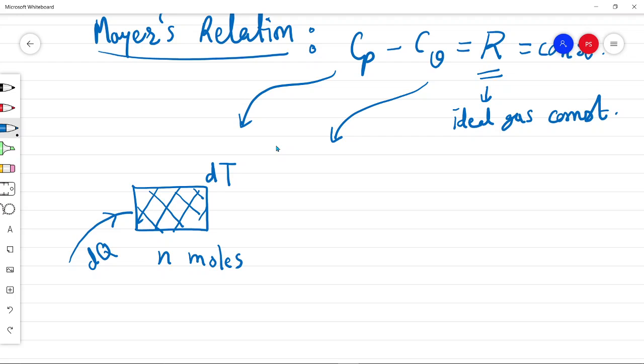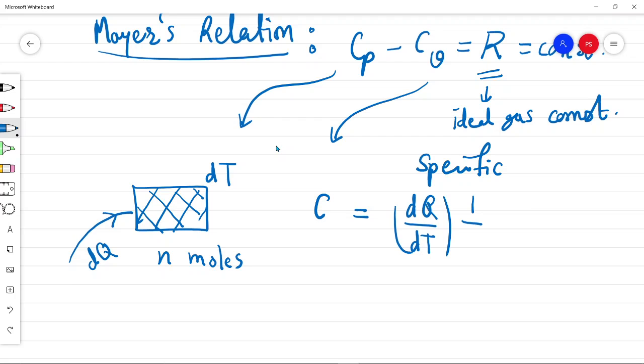Now for this particular process, we define the specific heat as C equal to dq by dT into 1 upon n. That is the amount of heat change per unit change in temperature per unit quantity of the substance. If this per unit quantity is expressed in moles, the corresponding specific heat is called molar specific heat.